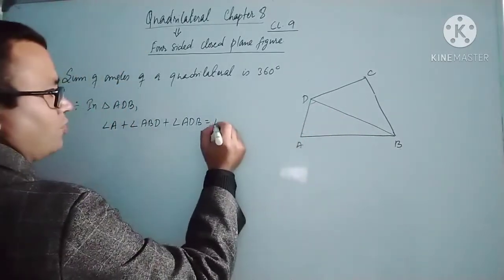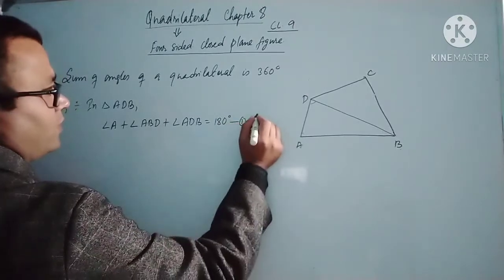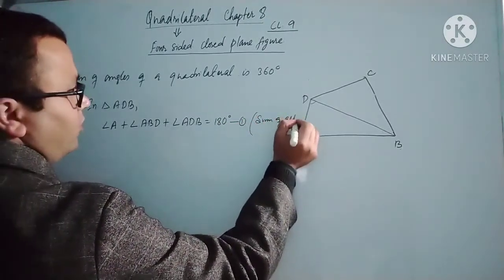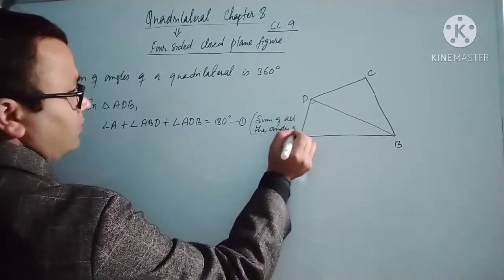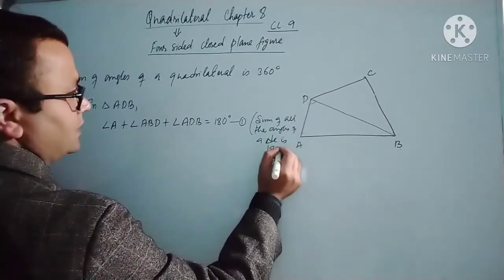So this is equation number 1. What is the reason? Sum of all the angles of a triangle is 180 degrees.